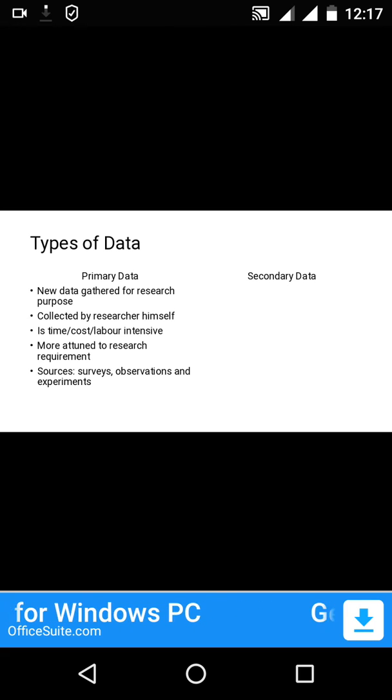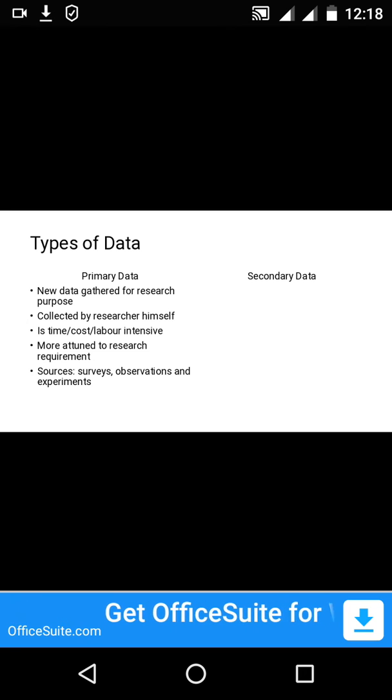Now let us understand what a secondary data is. See, primary data is the new data which is gathered for the purpose of research, that we have understood, and it is collected by the researcher himself. Now in many cases it may so happen that the data is already available somewhere else.